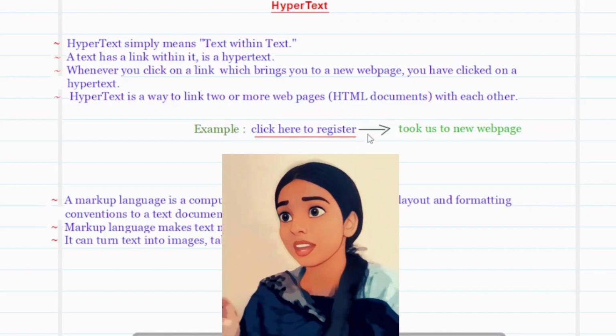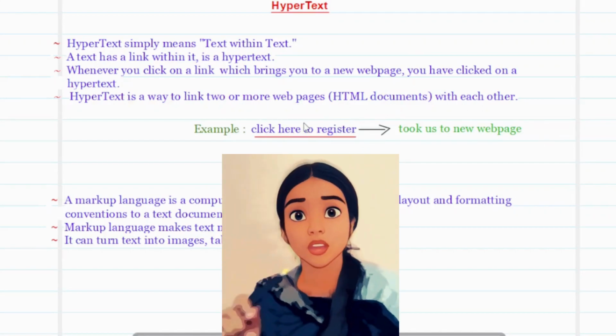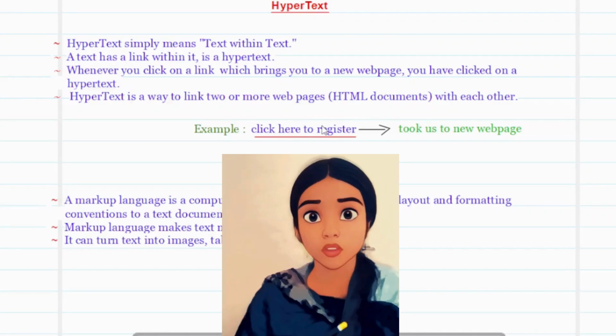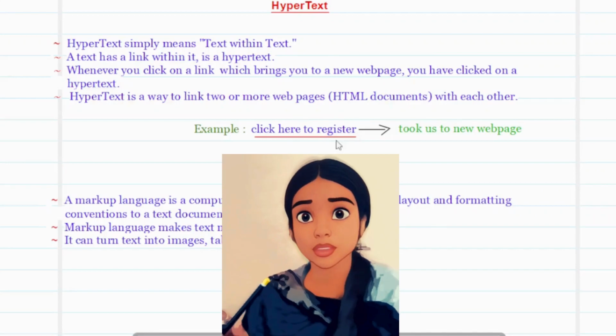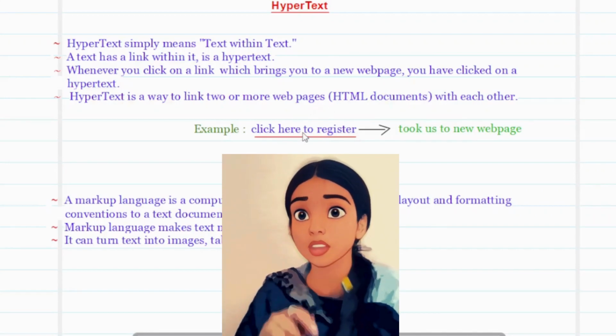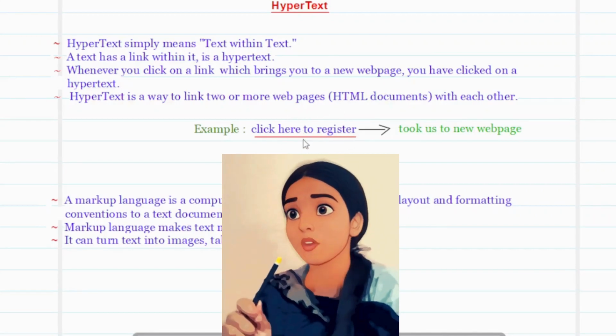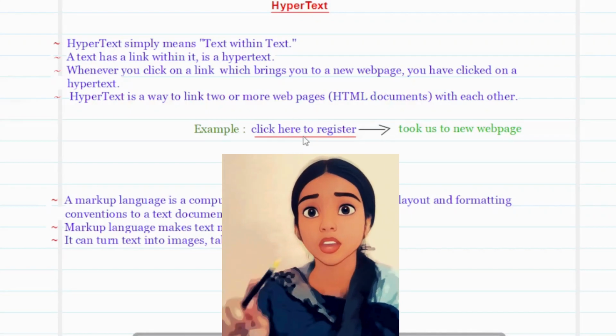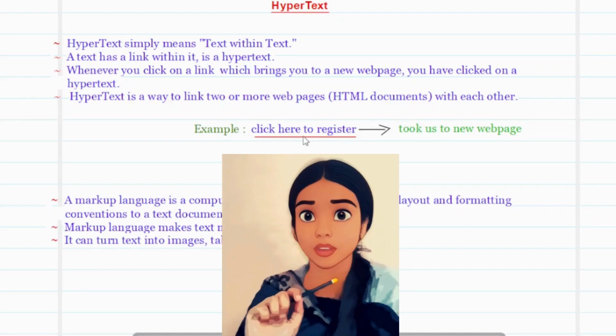So this 'click here to register' is a hypertext which takes us to the next page, meaning this text contains a web page in itself. These types of text which contain any web page or link in themselves are called hypertext, okay?